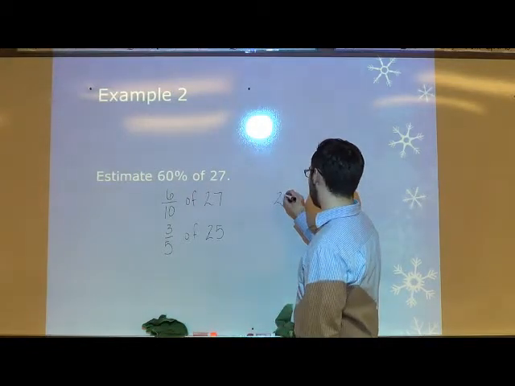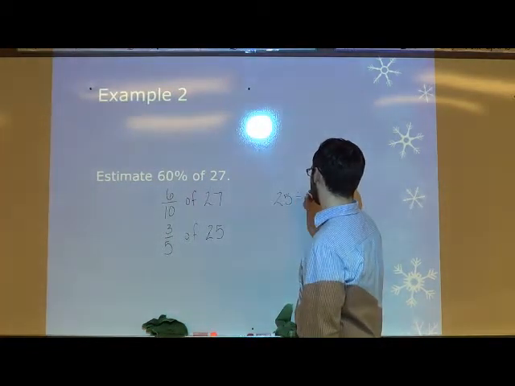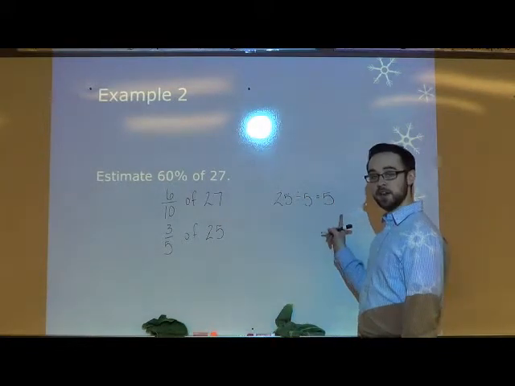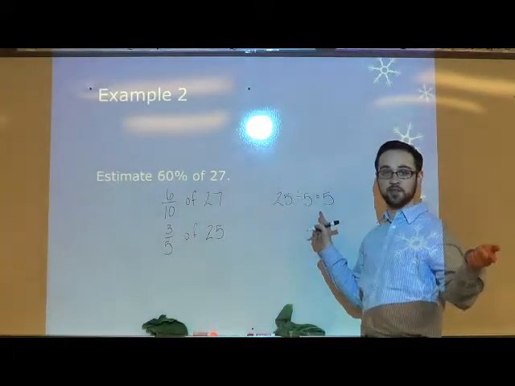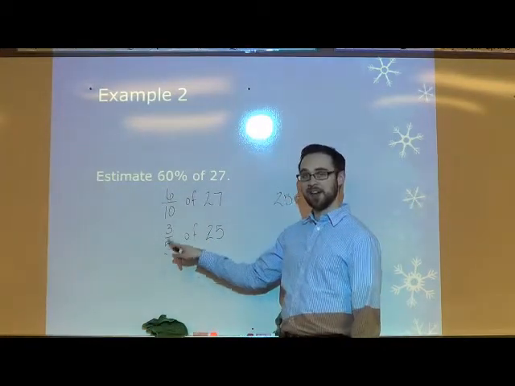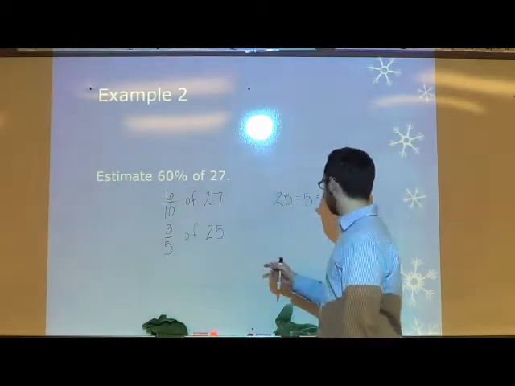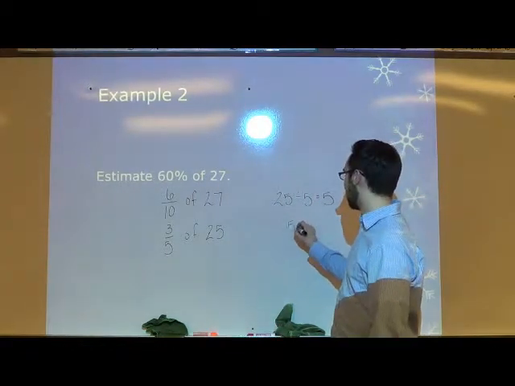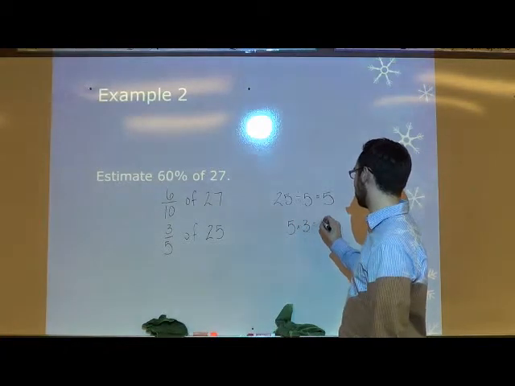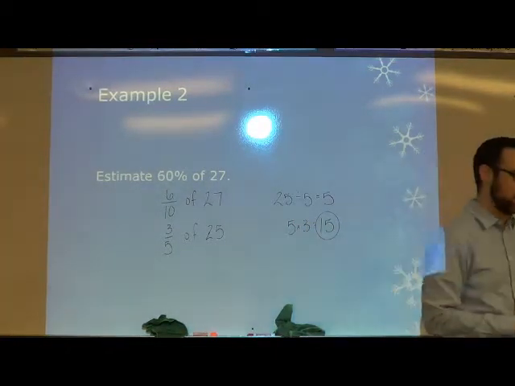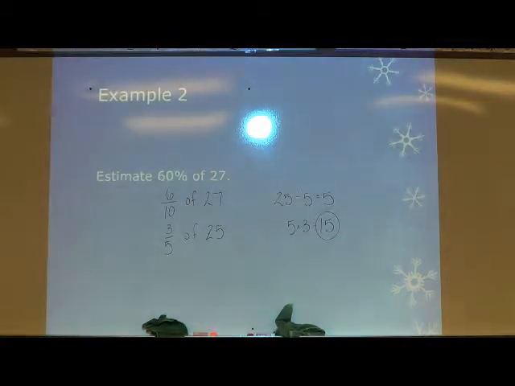So 25 divided by 5 is equal to 5. But how many of those 5s do I have? This goes back to the problem-solving strategy from yesterday. I took the total, divided it by the denominator, and multiplied it by the numerator. So I have a group of 5, and I have 3 of those groups. 5 times 3 is 15. So my prediction is 60% of 27 is about 15.